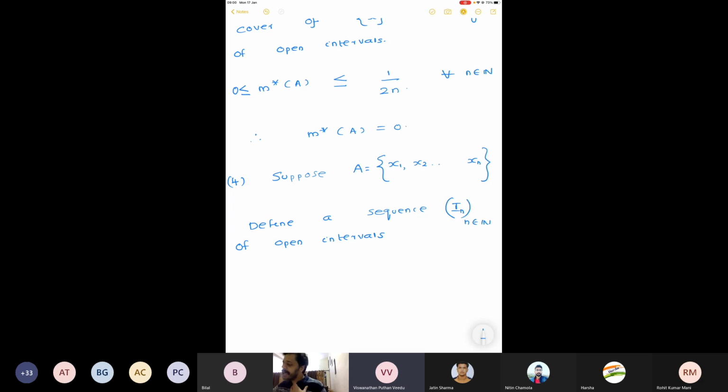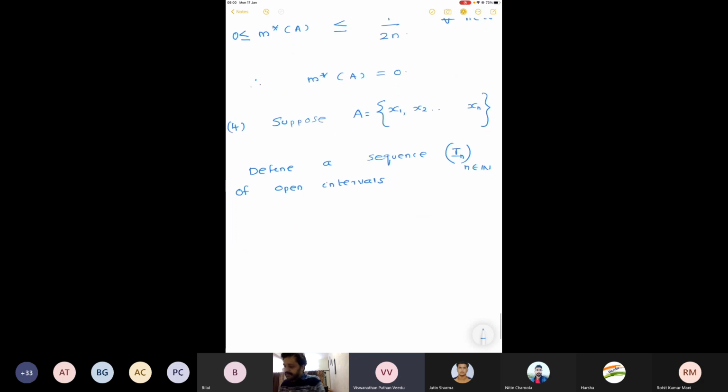So what I will do, I1 I will take so that it covers x1. I2 I will take so that it covers x2 and so on. So I will define a sequence In of open intervals by Ik equal to xk minus epsilon, xk plus epsilon, if k is less than or equal to n, and null set if k is greater than n.